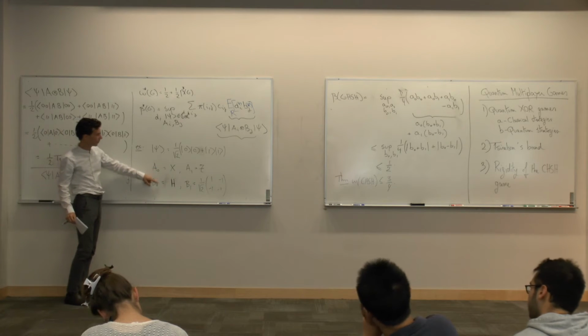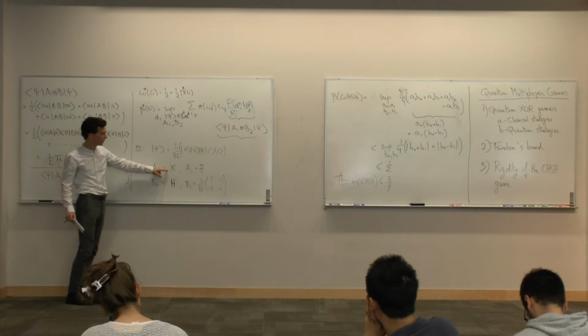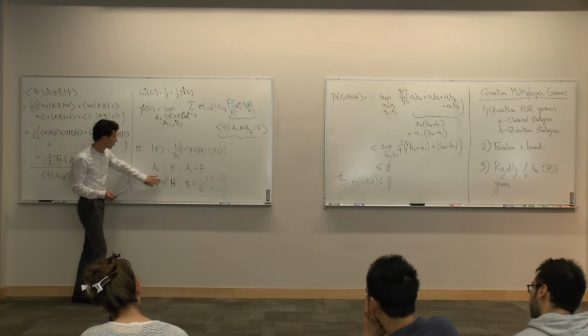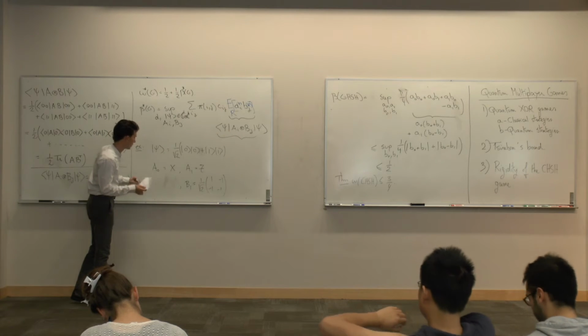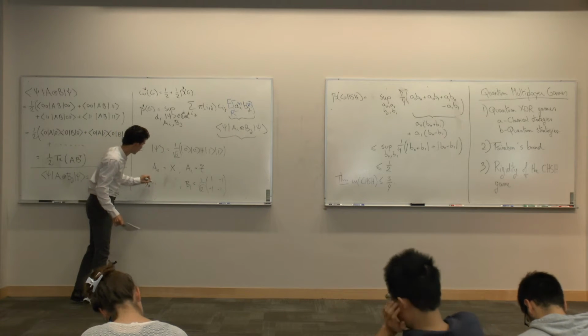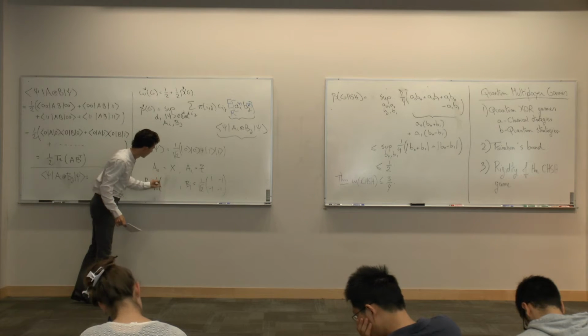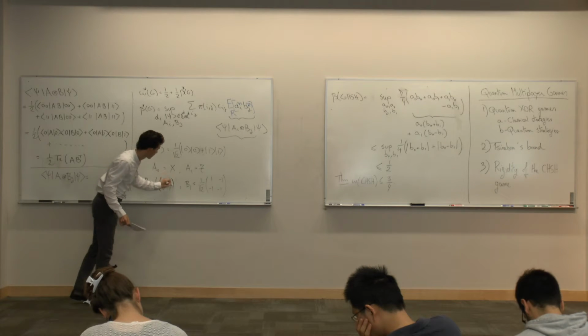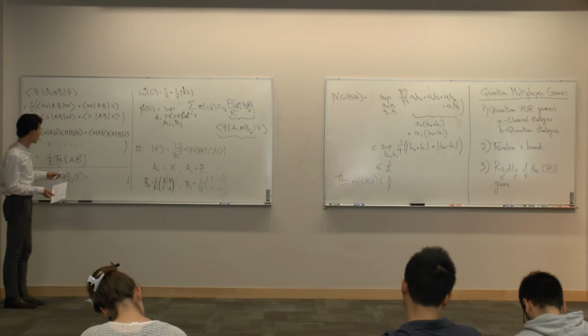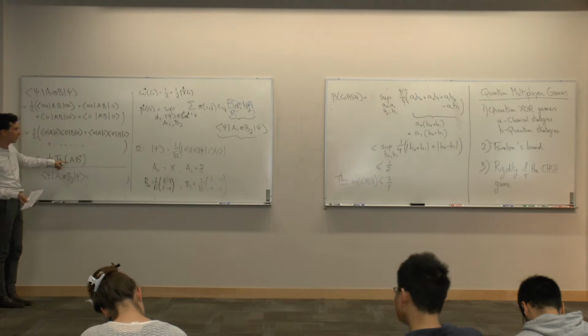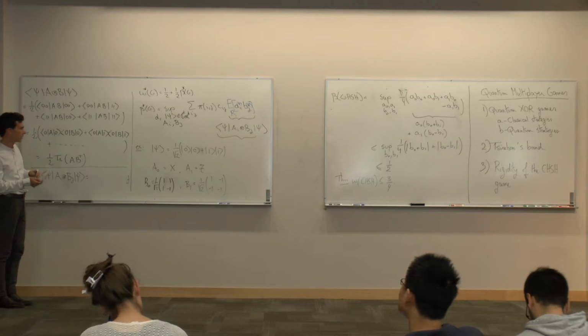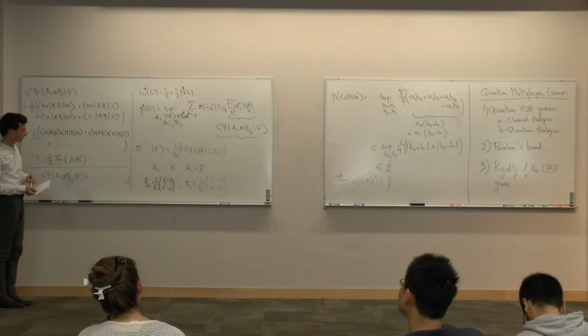For A0 and B0, what am I going to get? So I have an X and I have a Hadamard. Maybe let me spell out the Hadamard for you so it'll be easier to see. B0 is 1 by root 2 times [1, 1; 1, minus 1]. And I want to compute this expression when A0 is X and B0 is the Hadamard.